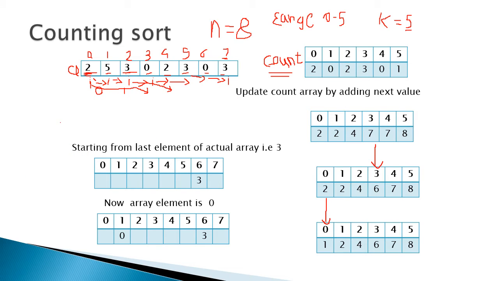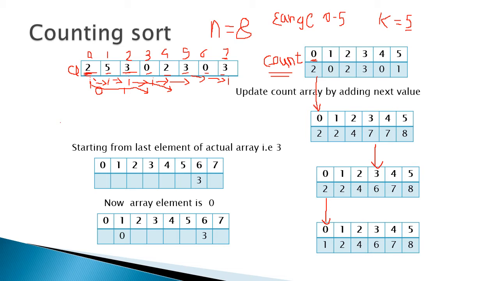Now the next step is that we have to update the count array such that it maintains the positions of the actual array elements, which are in sorted order. How are we going to do that? Suppose here is the updated array, and the first value is as it is, that is the value on the 0th index is as it is.